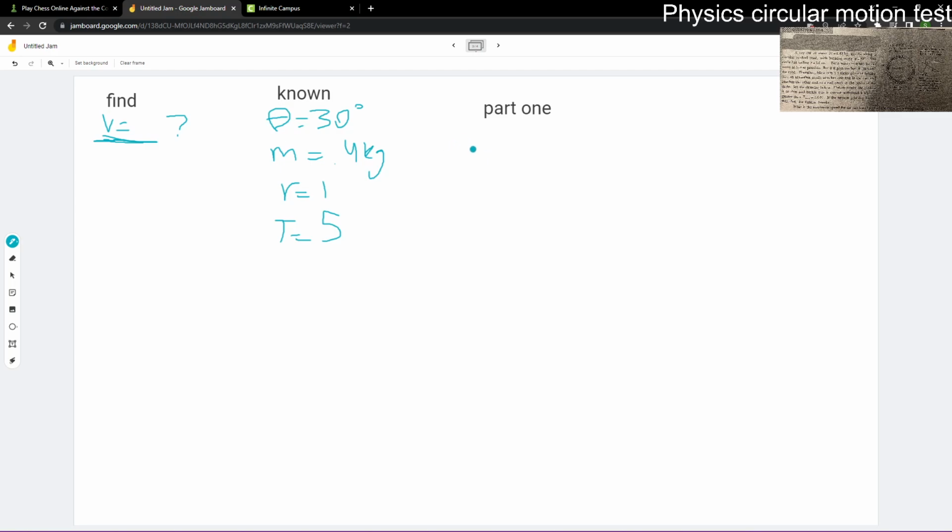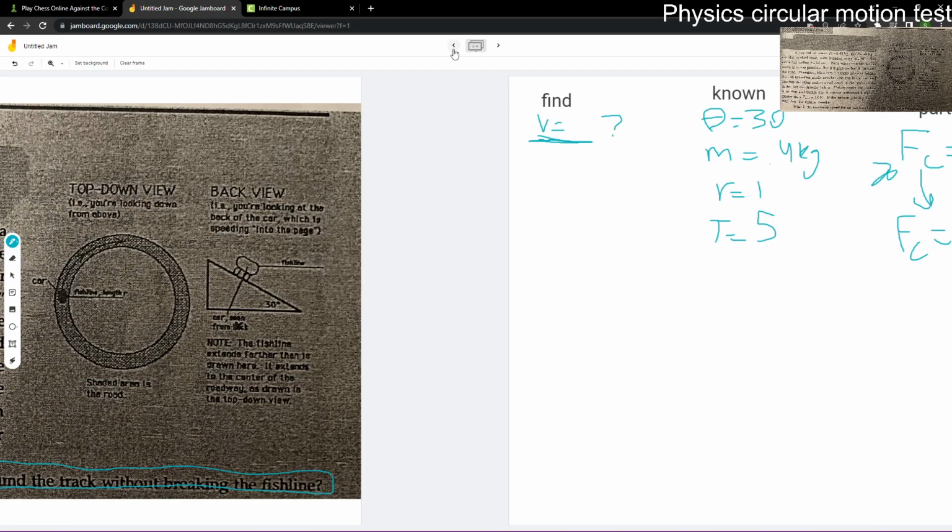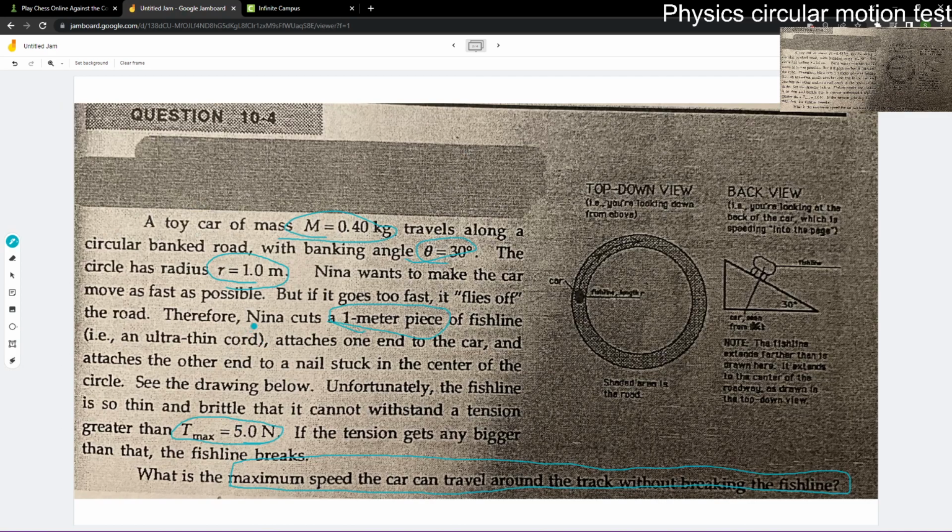Since it's circular motion, we're going to use this equation: centripetal force equals mv squared over r. Since we're just trying to find velocity, we want to identify what the centripetal force is.